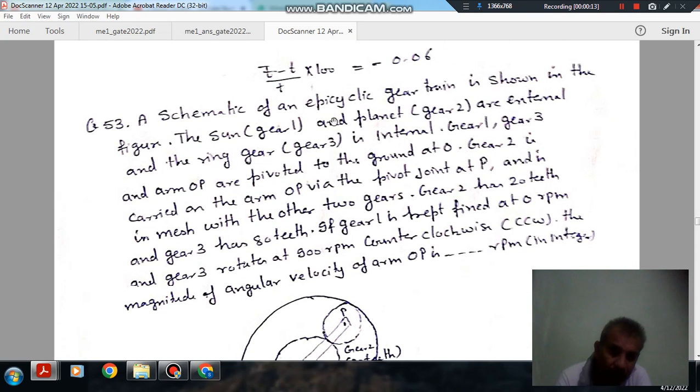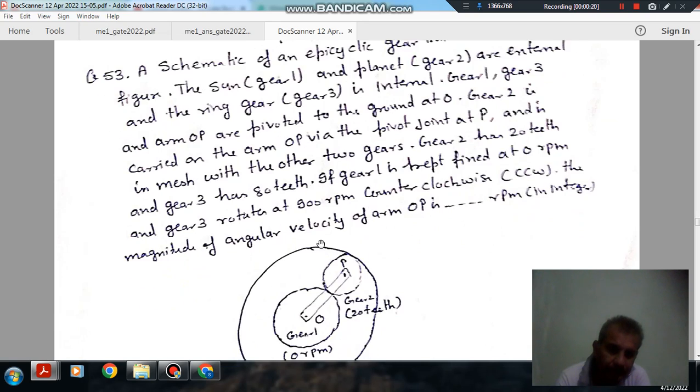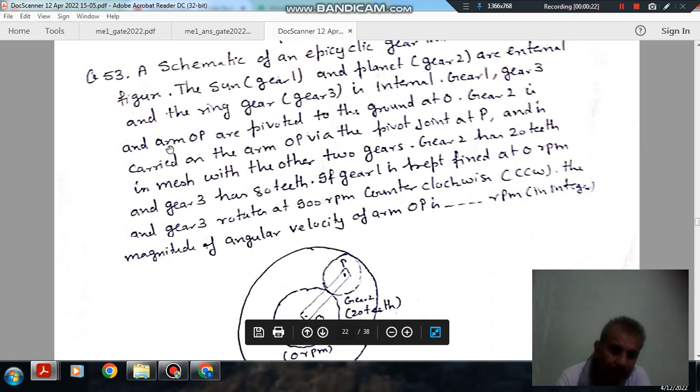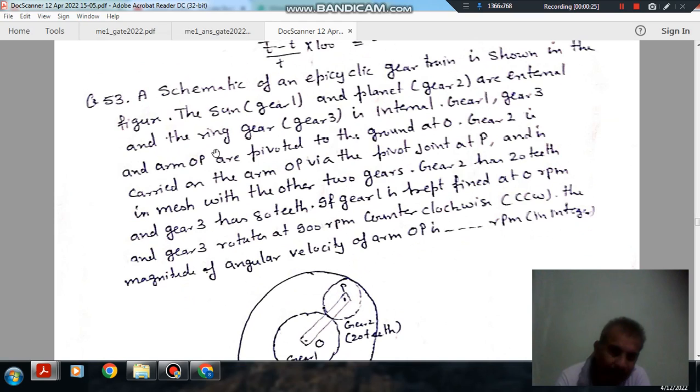A schematic of an epicyclic gear train is shown in the figure. Sun gear, gear 1, and planet gear, gear 2, are external, and ring gear, gear 3, is internal.